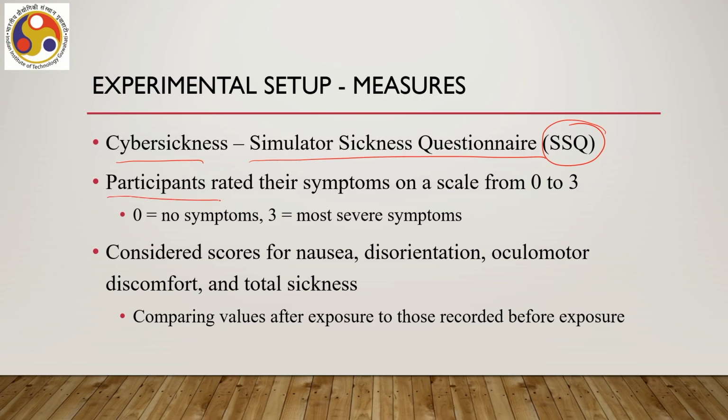Now, the participants rated their symptoms on a scale from 0 to 3. In case of the previous presence questionnaire QEP, the rating scale used was between 1 to 7, a Likert scale. Here it is between 0 to 3. 0 essentially refers to no symptoms and 3 refers to most severe symptoms. We considered scores for nausea, disorientation, oculomotor discomfort and total sickness from this questionnaire.